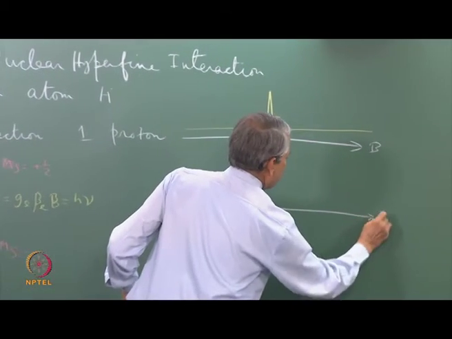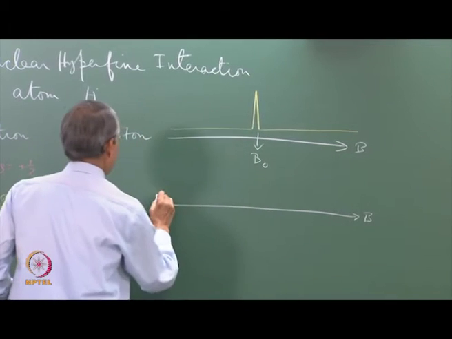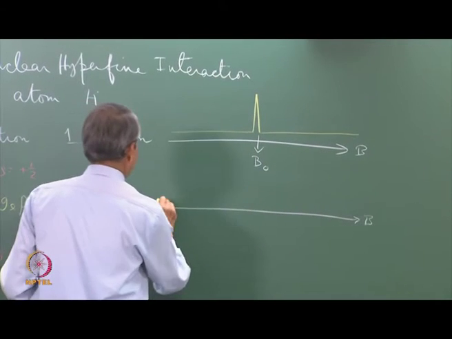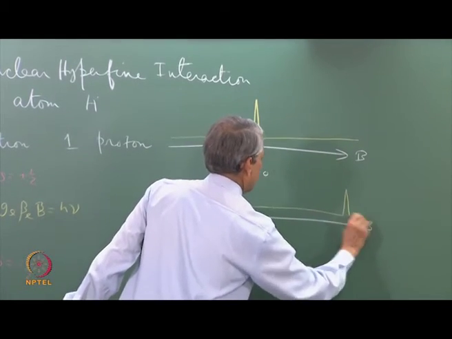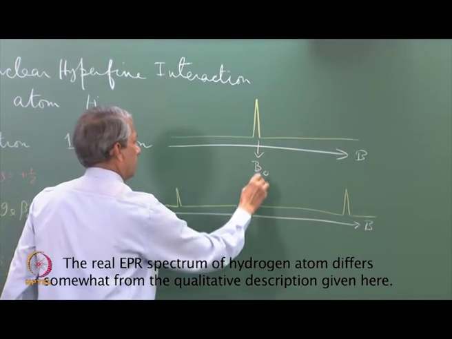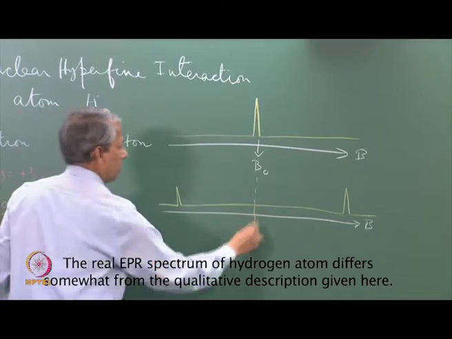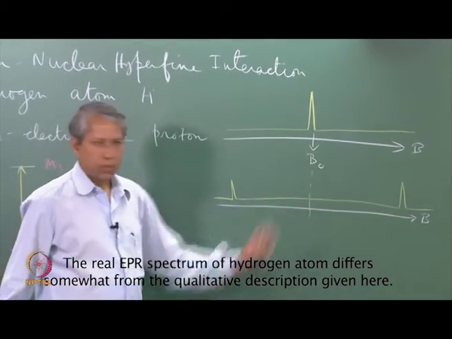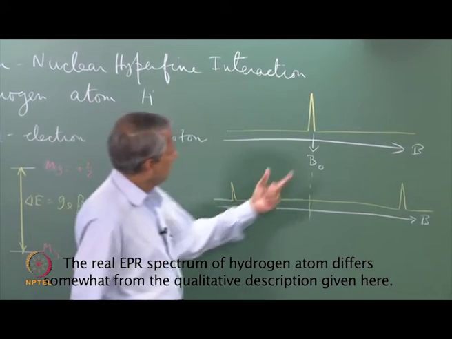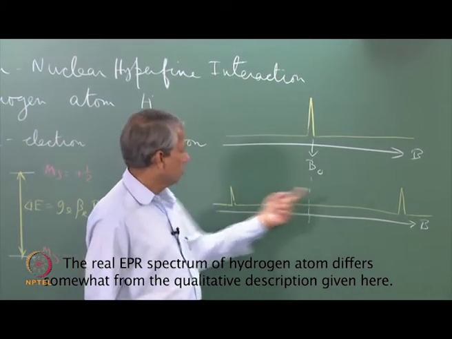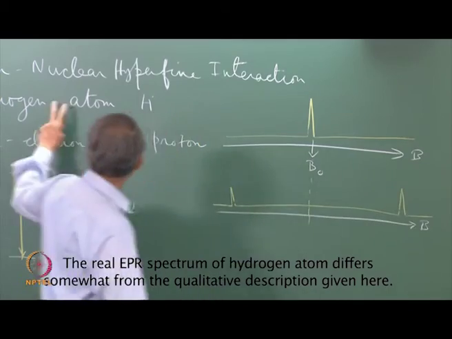As a function of magnetic field, it gives one line here, another line there, and with respect to the center, there is no line exactly at the middle of that. And so, this EPR line is split into two in the case of hydrogen atom.